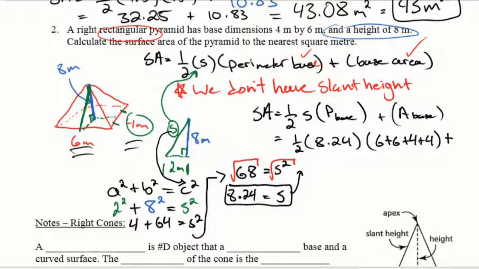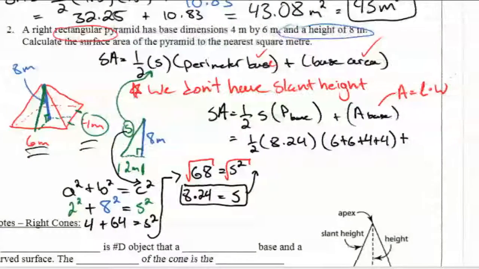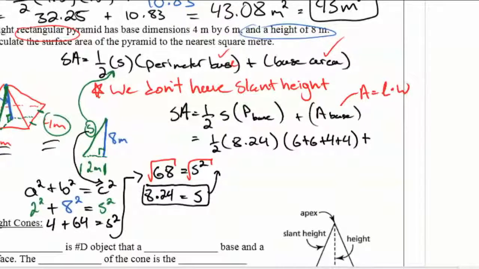As a reminder, I know you guys know the area of a rectangle is just going to be length times width. So I'm going to write that in as well. And in this case, I have a length of 6, and I'm going to multiply it by a width of 4. So order of operations says I need to do my brackets first.